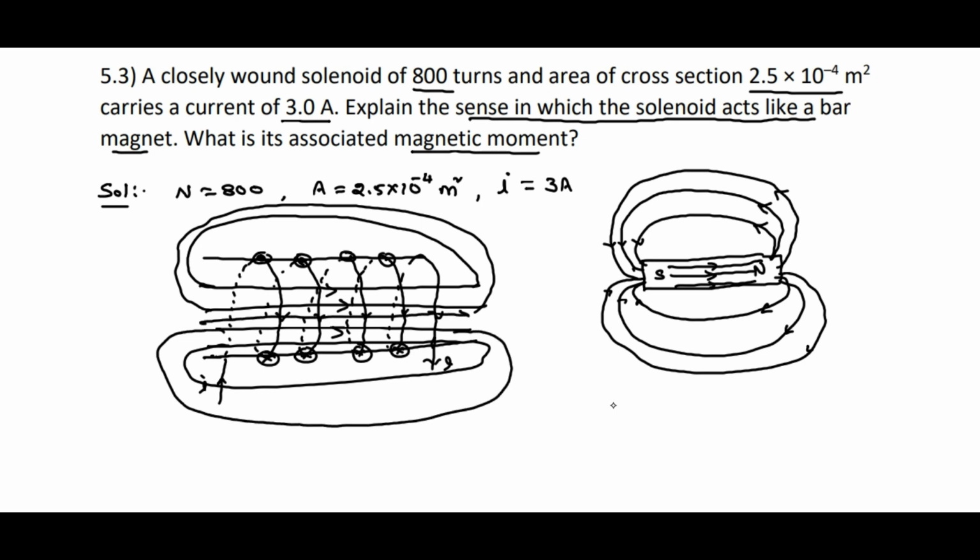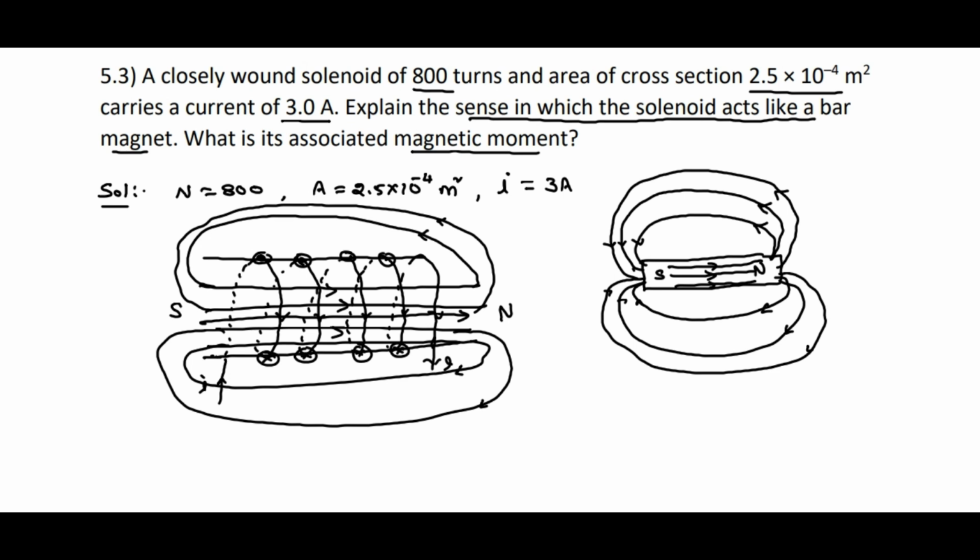And if you observe inside, the direction of the magnetic field is from left to right. That means this end will act like south polarity, the other end like north polarity. But actually we will take the magnetic field outside of the solenoid as negligible.